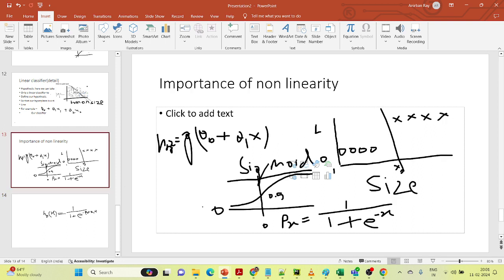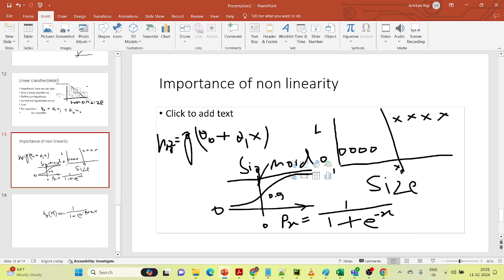You can see here, if the x value increases, then this whole term will increase, so we are moving towards this direction. As we get to a higher value, we get 1, so we have a tumor case.